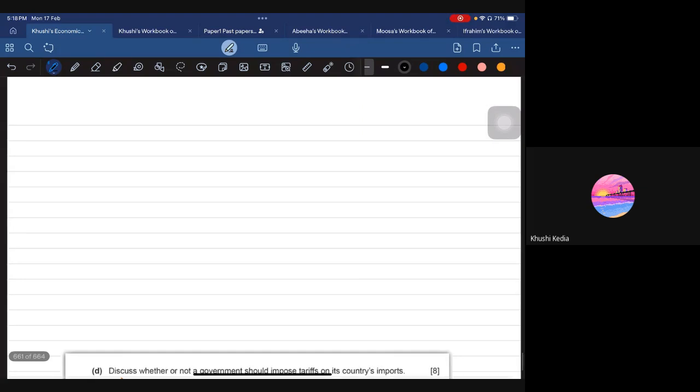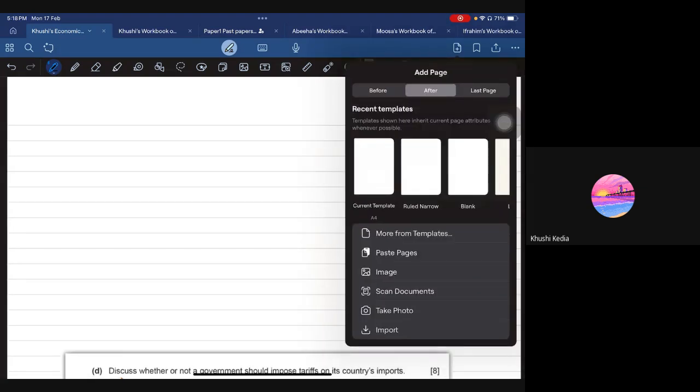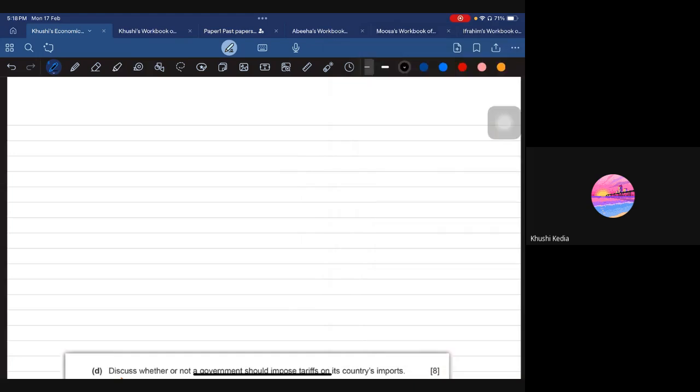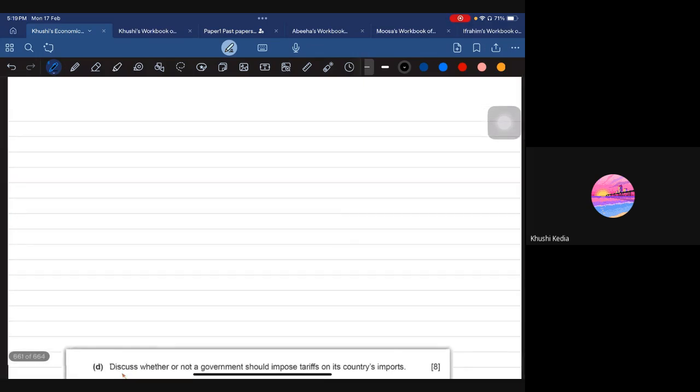Now the 8 marker. First of all, this is part of question number 2D, question number 3D, question number 4D, question number 5D.